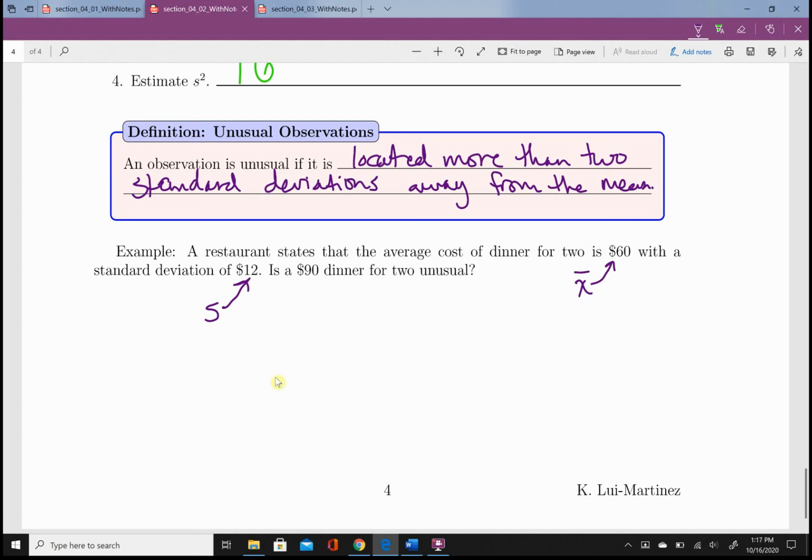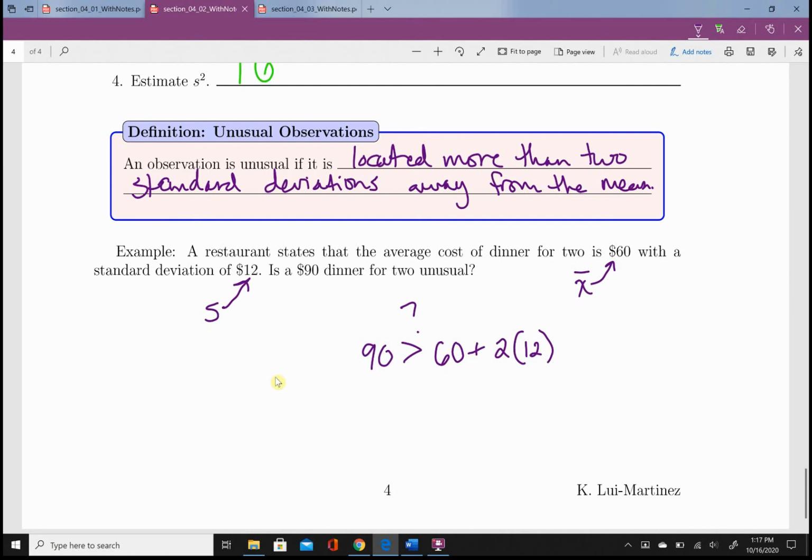Well, let's see. Is $90 more than the mean plus 2 standard deviations? This is what we're asking ourselves. Because if this statement is true, then we will say that the $90 dinner is unusual. If not, then we'll say it's not unusual.